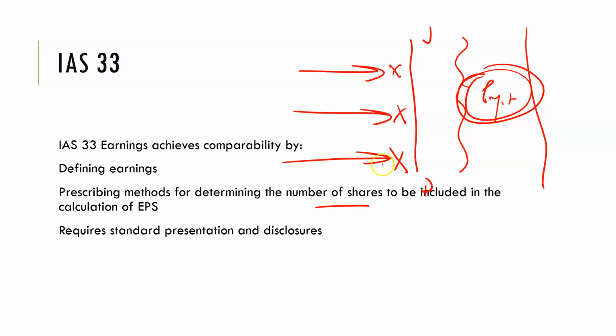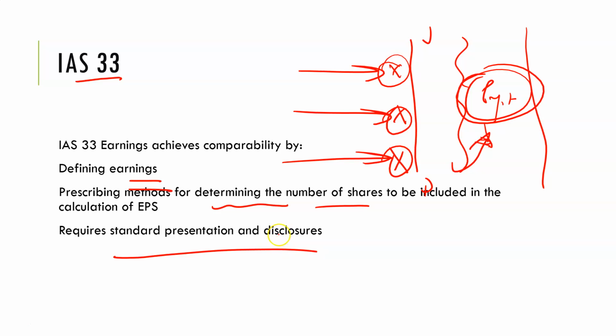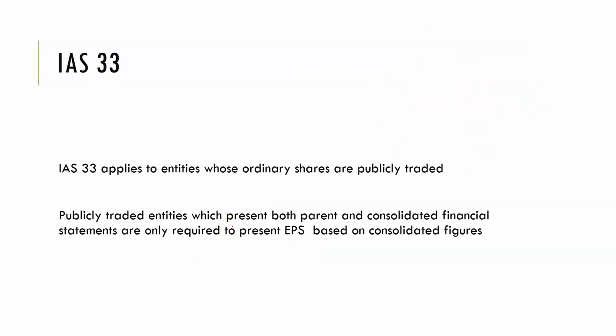So it's important to get a balanced view of what the shares actually are, leading to the generation of profit. And so the standard itself, IAS 33, guides us as to how we define earnings, what should be considered to be earnings, how we determine the number of shares to be included, and the presentation and disclosures of this.